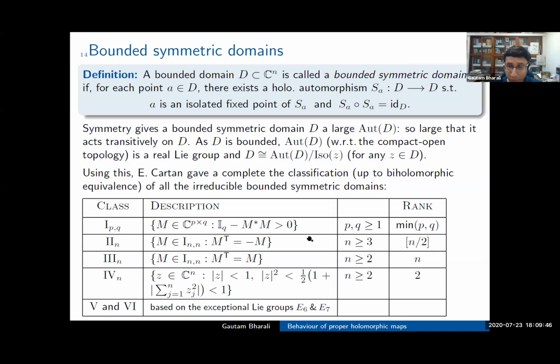Included in the class of bounded symmetric domains are matricial domains that satisfy this property. Those of you who work on modular forms might recognize these 2 families as Siegel domains.